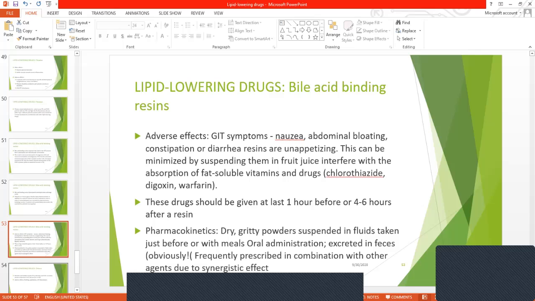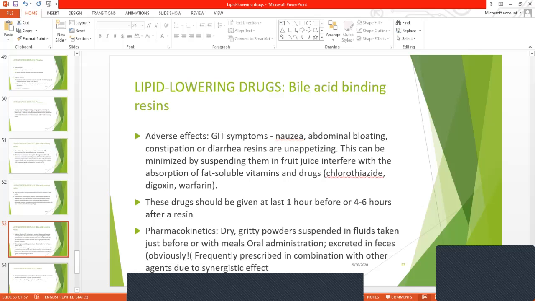Absorption of some medicines, including those with neutral or cationic charge as well as anions, may be impaired by the resins. So these medicines include digitalis glycosides, thiazides, warfarin, tetracycline, thyroxine, iron salts, pravastatin, fluvastatin, azithromycin, folic acid, phenylbutazone, aspirin, and ascorbic acid.